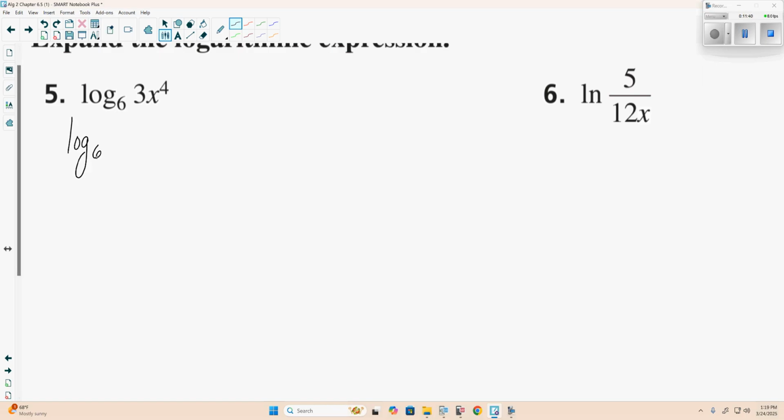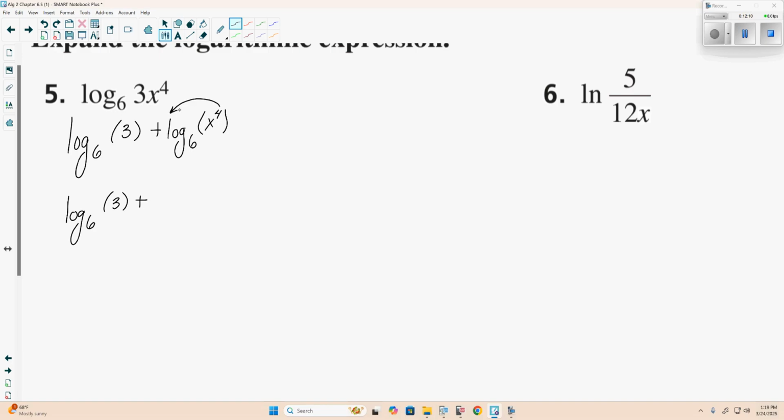So it's going to be log base 6 of 3 plus log base 6 of x to the 4th. Now log base 6 of 3 is as simplified as it gets.